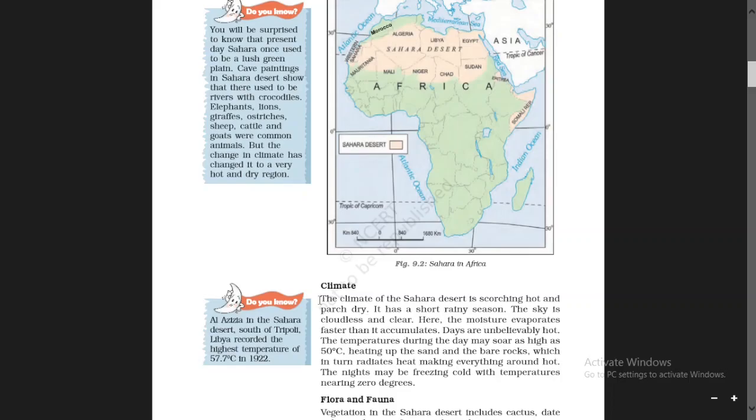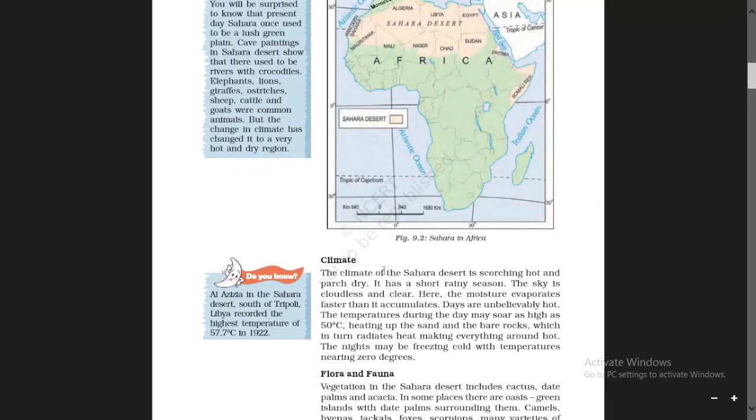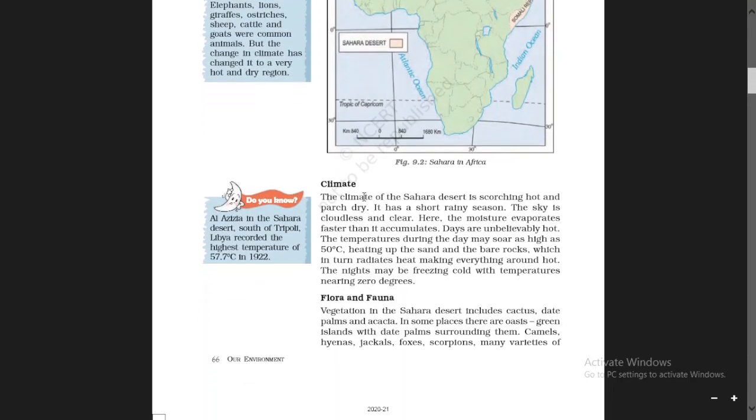of the Sahara Desert. The climate of the Sahara Desert is scorching hot and parched dry. It has a short rainy season. The sky is cloudless and clear.